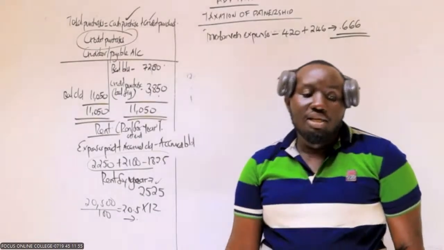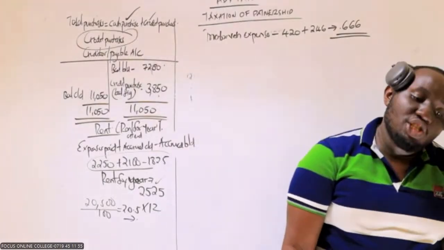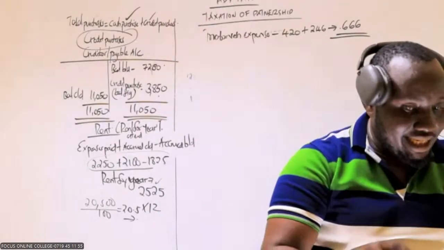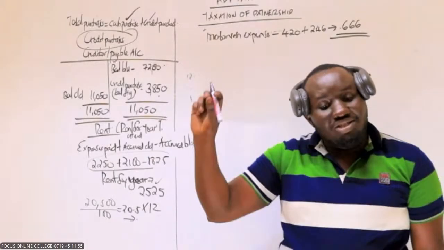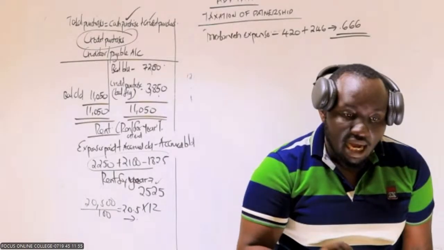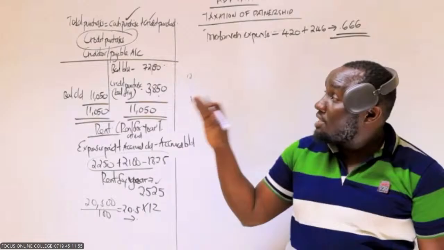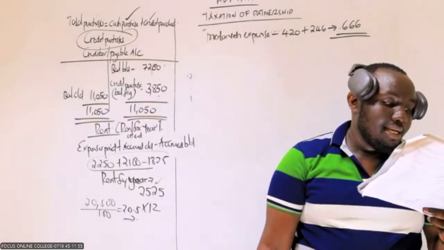It's allowable. You can't say general expense is non-allowable unless there's additional information saying contrary. Perfect. So then we proceed to the next.